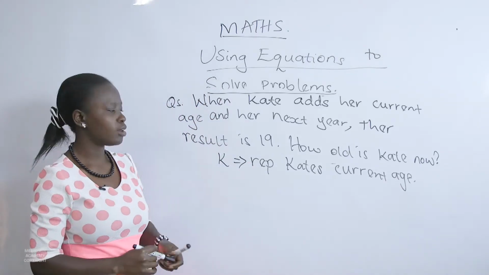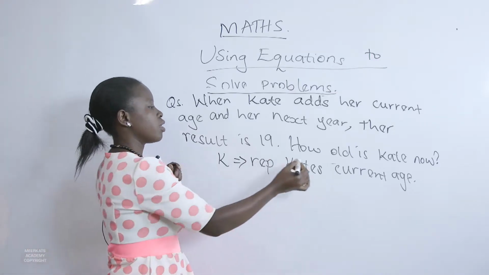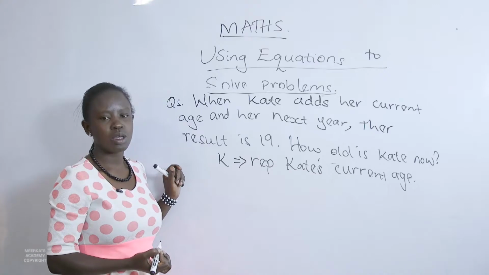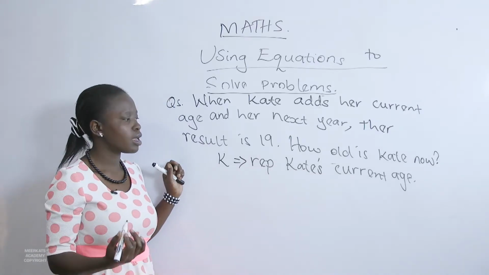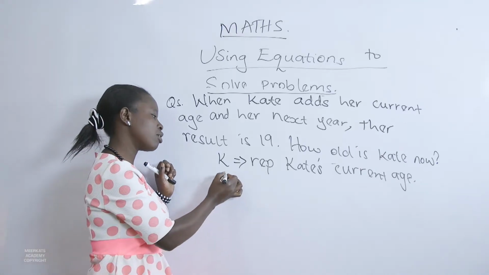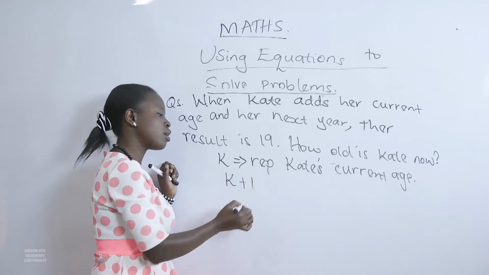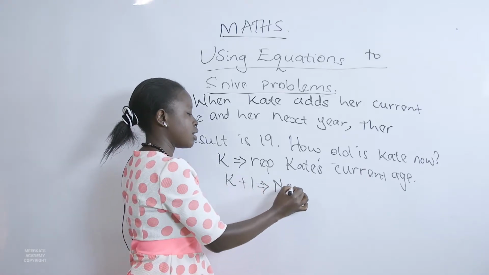Let K represent the current age. Then we need to get next year's age. That means next year Kate will be 1 year older. So that means it will be K plus 1. So this is for the next year.